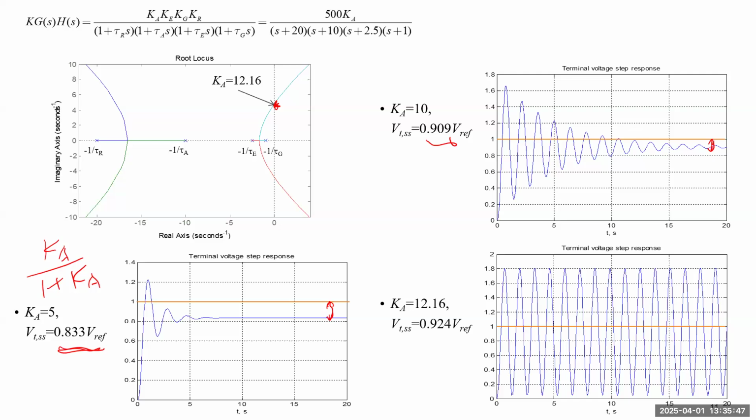The system is operating at a marginally stable condition. And even for this case, the final voltage still has a large gap from the reference value. Which means for this system, as long as there's a disturbance, the voltage will never go back to the original value if it is a permanent disturbance.